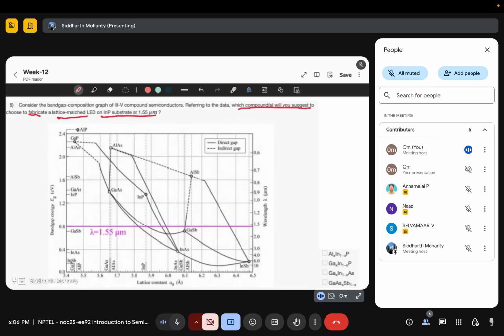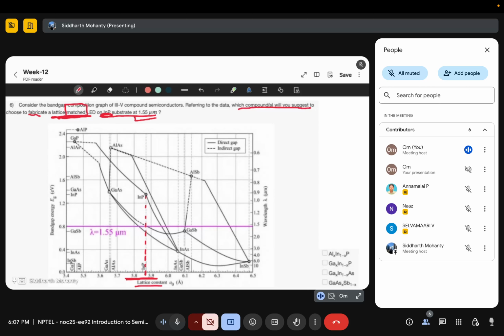So we have an InP substrate, which is around here, and we want a lattice matched LED. Lattice matched means the lattice constant should be nearby this InP substrate's value. Then only you will have lattice matching, right?